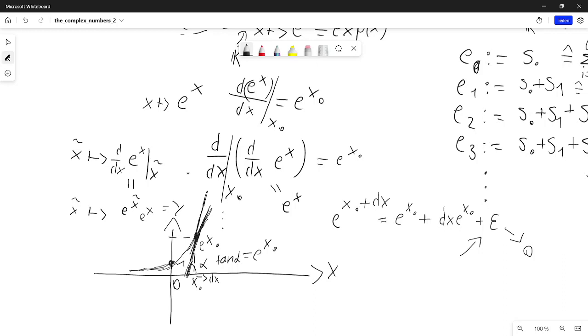And how do we know that it approximates perfectly? Well, in this very point, it gives the rate of change of a function. And what is the rate of change of a function?